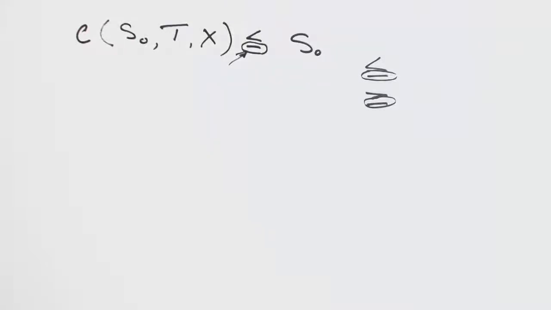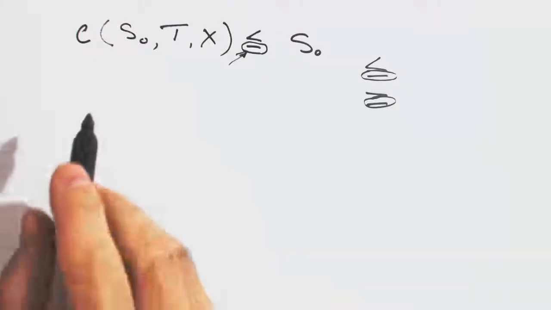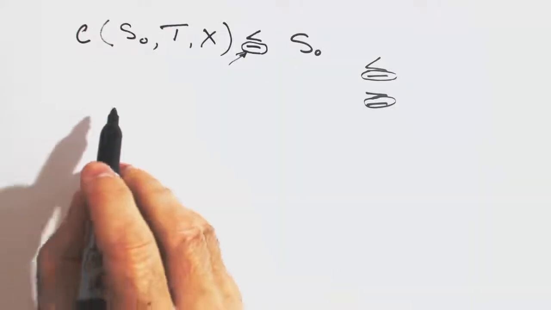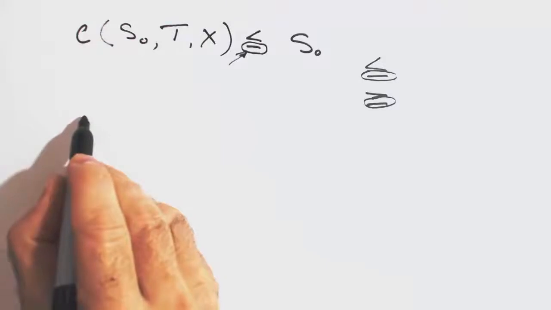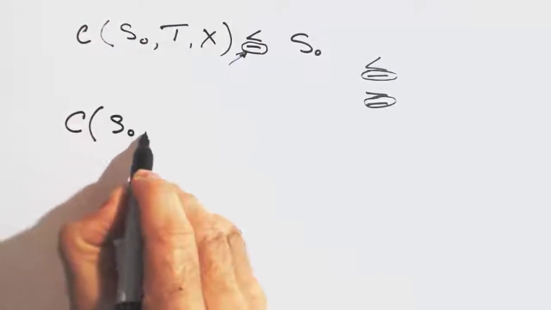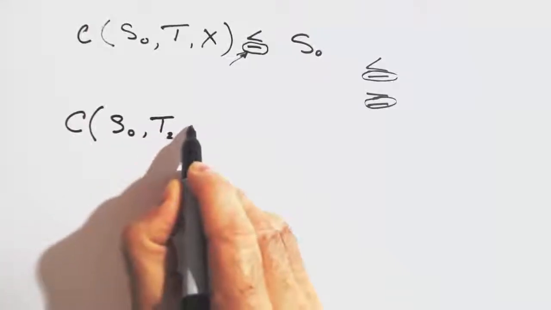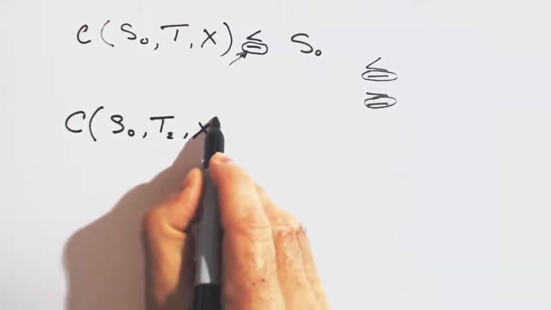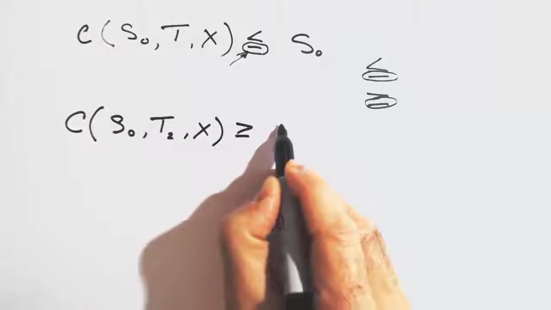Let's look at another relationship that we should know here now, which is that the longer the expiration on an option, the more valuable it is. And it doesn't matter if it's American or European in this context. So we're going to say the value of a call on a certain underlying stock, and I'll describe this in a second.